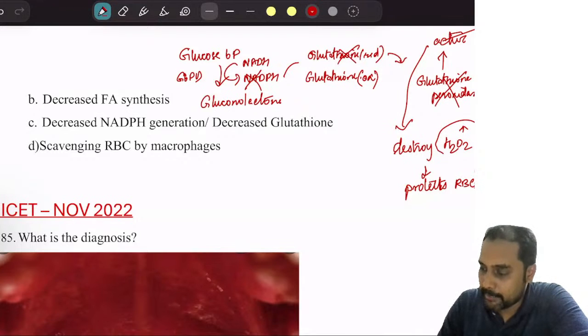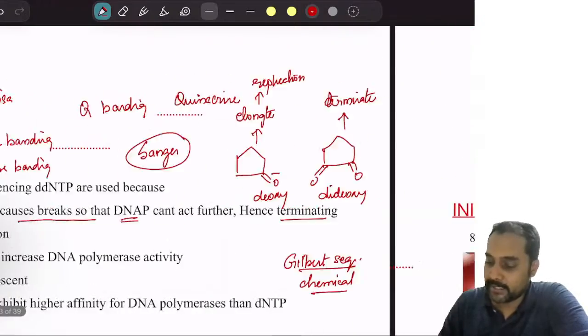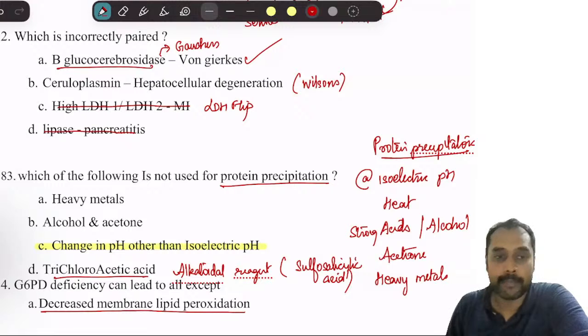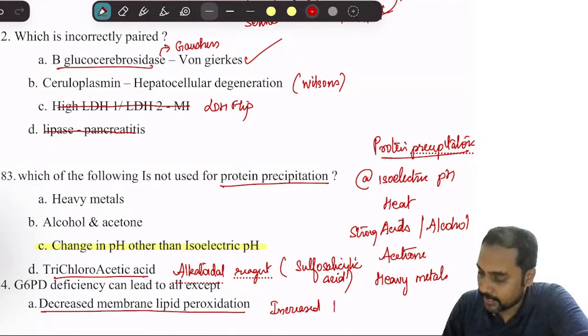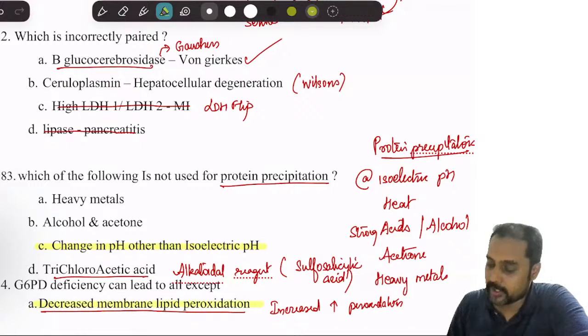This is called a peroxide. So when G6PD is deficient, peroxides will increase. That means this option is totally wrong. Decreased membrane lipid peroxidation. It is actually increased peroxidation. So this will be the answer.